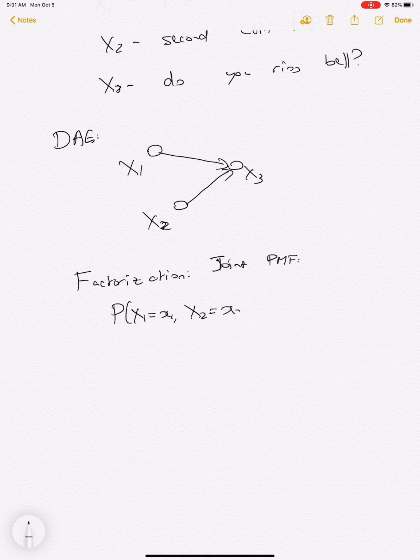Everything's binary here, so x1, x2, and x3 are either 0 or 1.